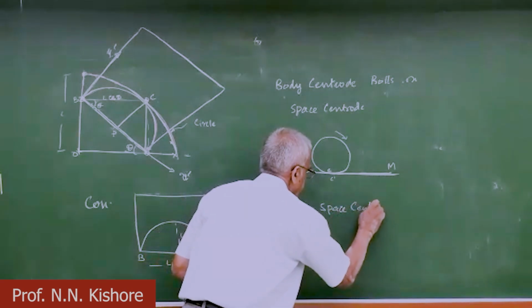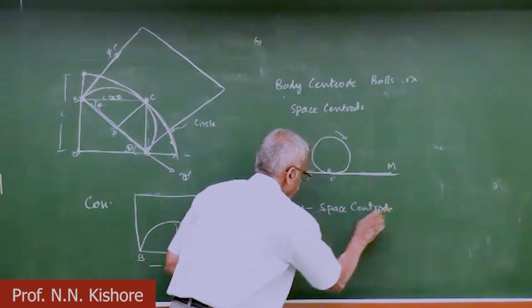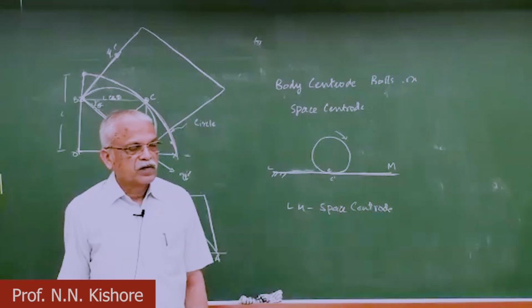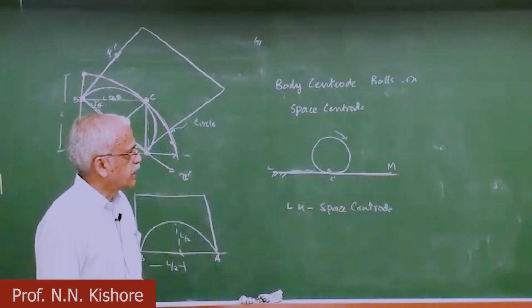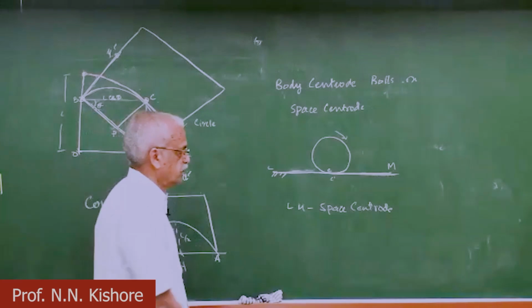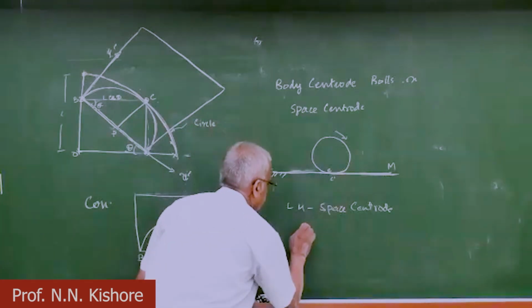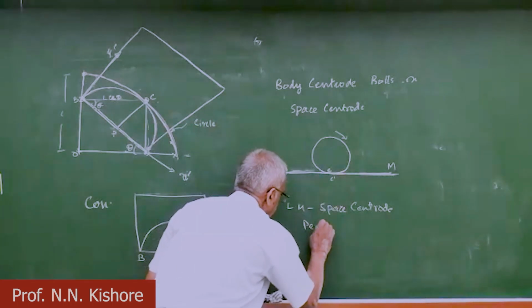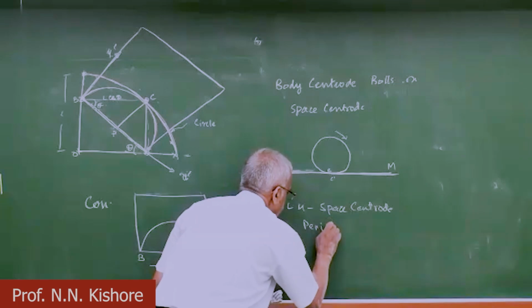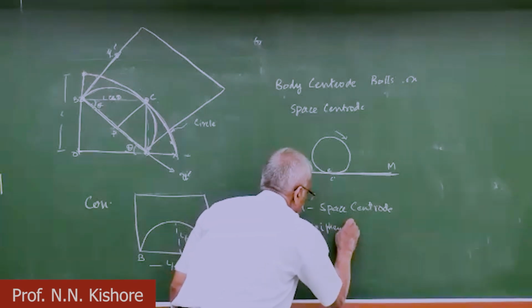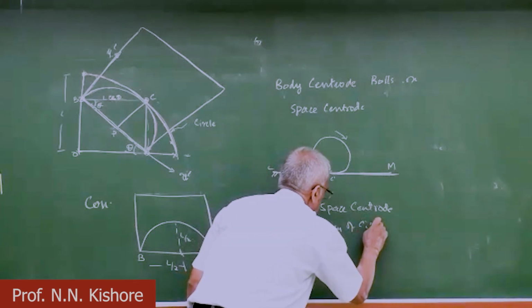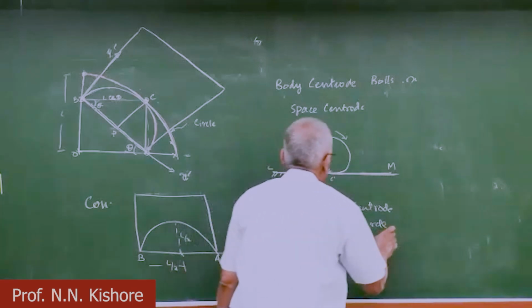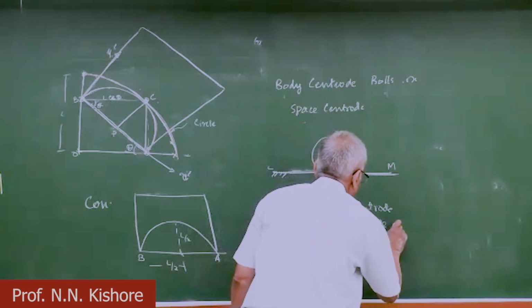What is the body centroid? The body centroid is nothing but the periphery of the circle.